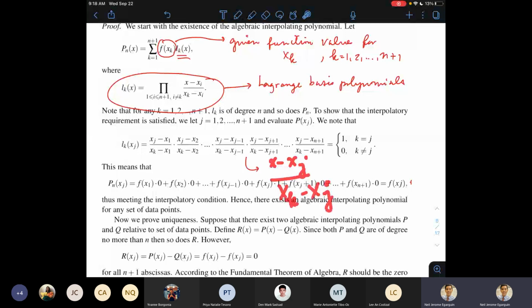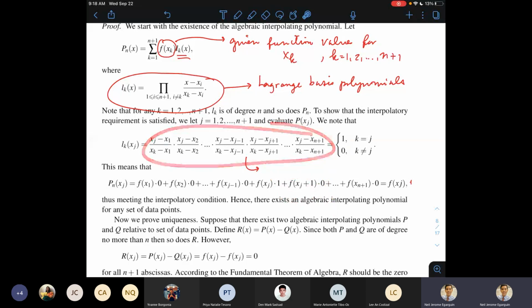Since k is not equal to j, may isang factor ng itsura niya ay x minus xj over xk minus xj. And if I plug in xj for x, so itong una, yung minuend sa numerator ay magiging xj. So ibig sabihin, may isang factor dito na xj minus xj all over xk minus xj. So that means 0 yung magiging product.